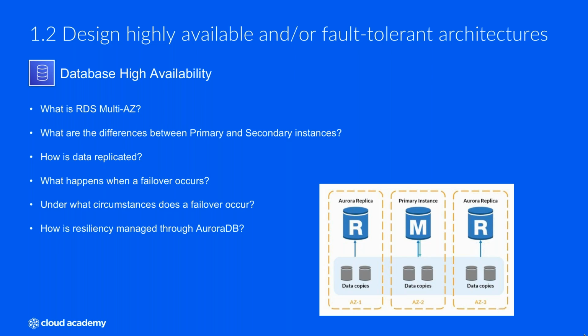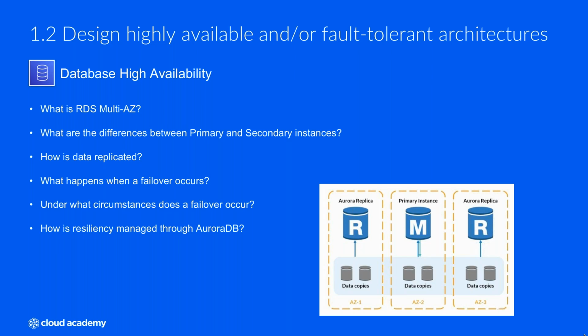So under what circumstances does a failover occur? There are a handful of different instances when a failover will occur. If you're having patching maintenance done on the primary, then traffic will move over to the secondary. If the primary database has a host failure, then again it will move across. If the availability zone of the primary database fails, then your secondary database will take over.